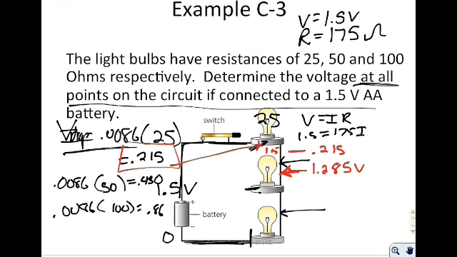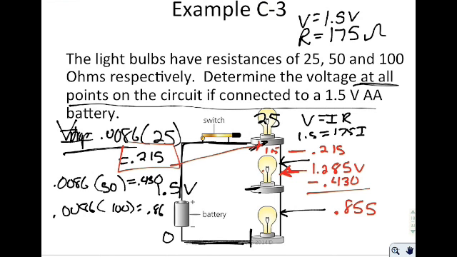Now, for the second and third light bulbs, in between them I have a drop of 0.430. When you subtract those values, you get the voltage going into the third light bulb, which is about 0.855 volts.